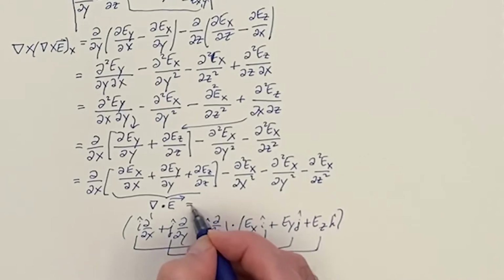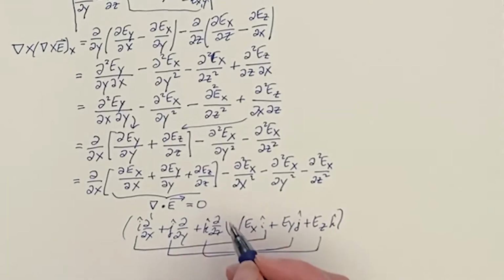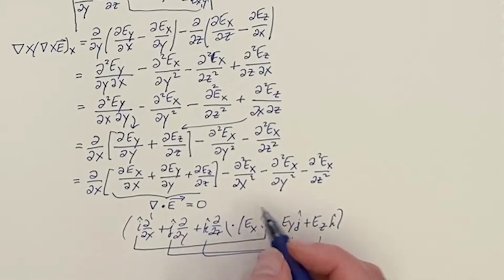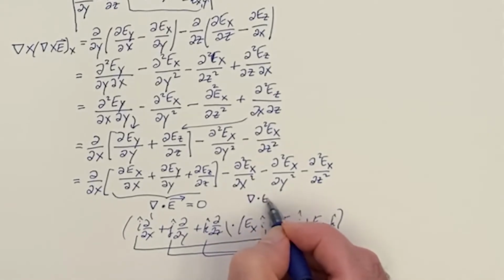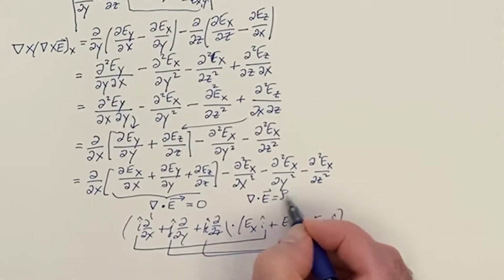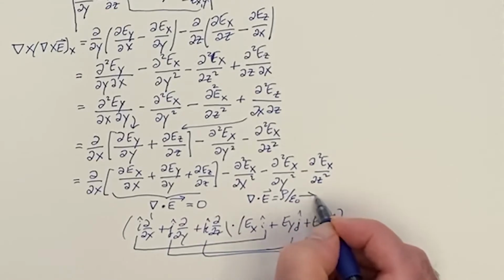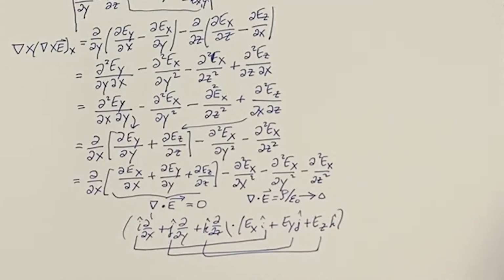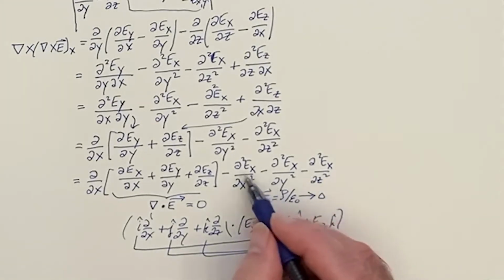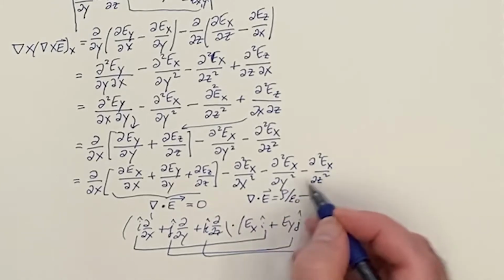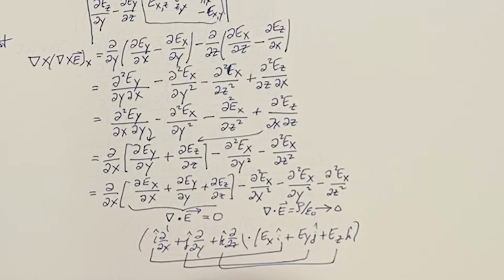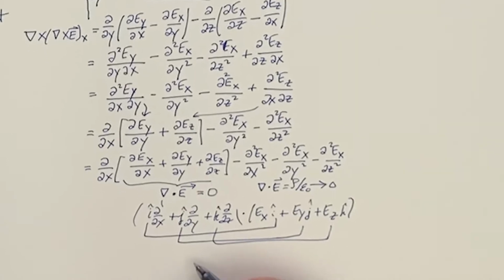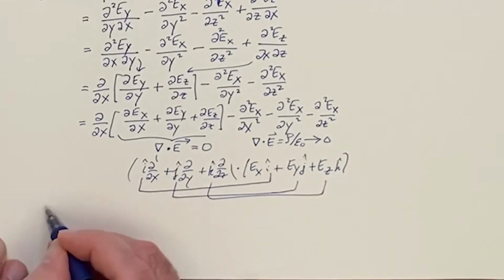And this is 0. Why? Free space Maxwell equation. Remember, del dot E is this, but in free space, that goes to 0. We're in free space. Big time simplification. And look here, bonus. The second thing is, in fact, we'll go ahead and write this out again.